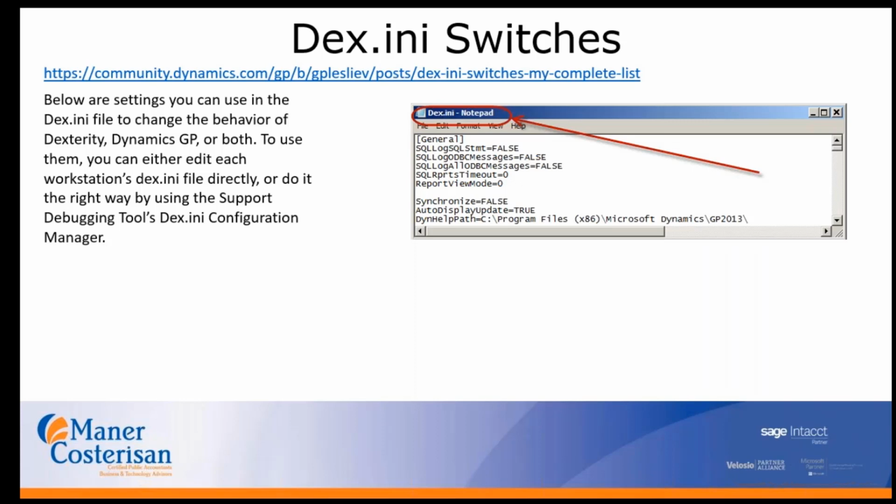And what that does is it allows us to figure out what could be going on. Whenever there's an error, or if we need to debug or figure out why your system is not working correctly, we'll use the Dex.ini and turn things from false to true so we can fully figure out what is going on.